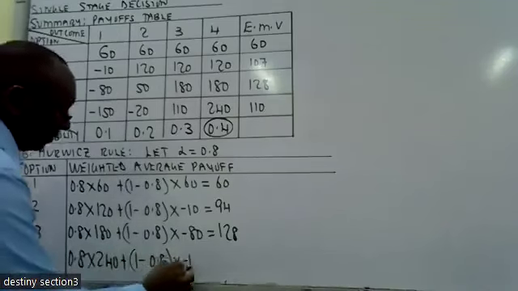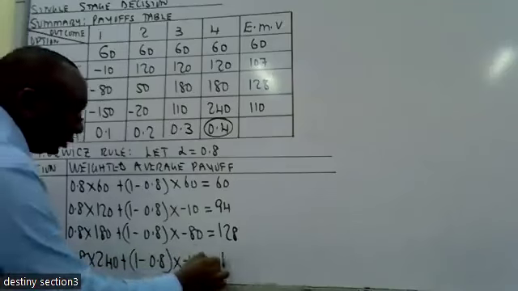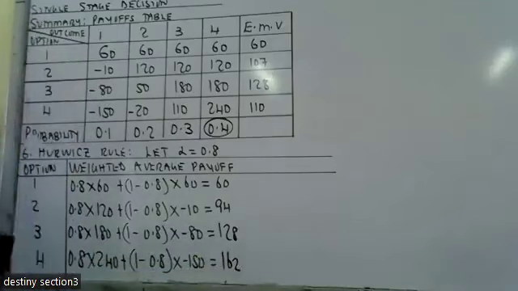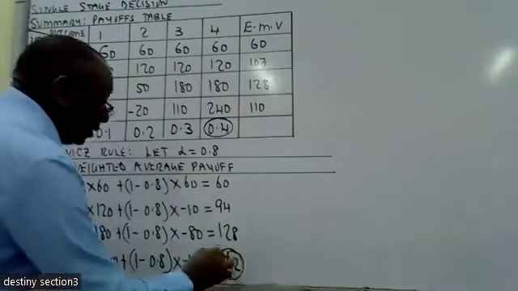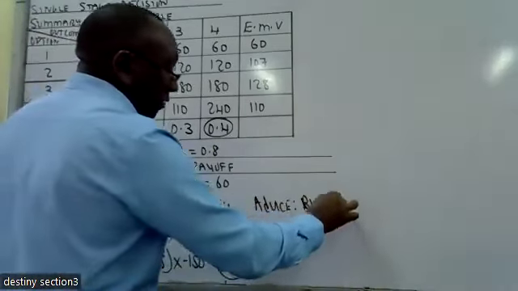The worst there is minus 150. That gives 162. Now, you go for the highest again. So the highest is this. So you advise them to buy what? 4 cakes.